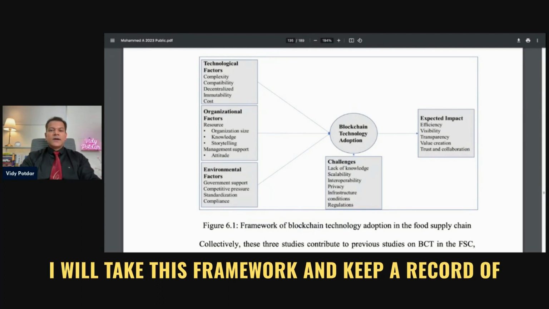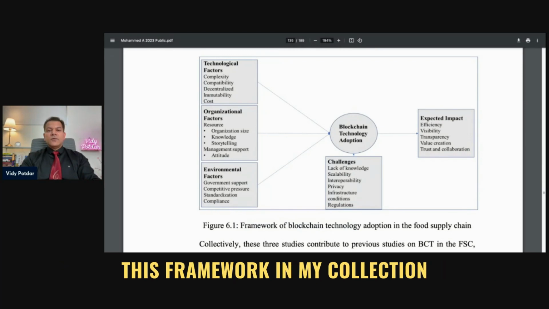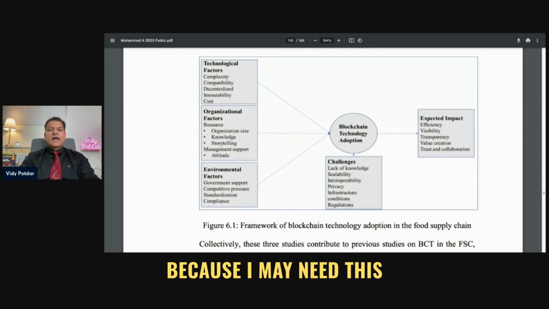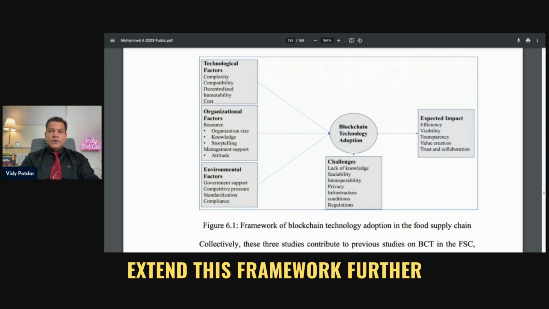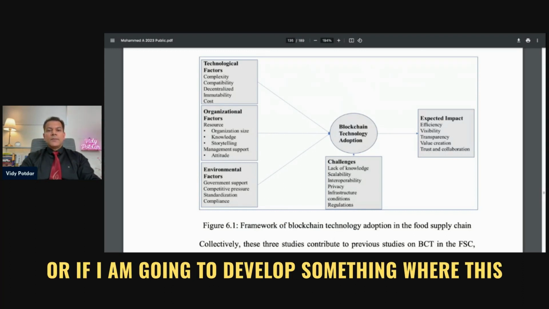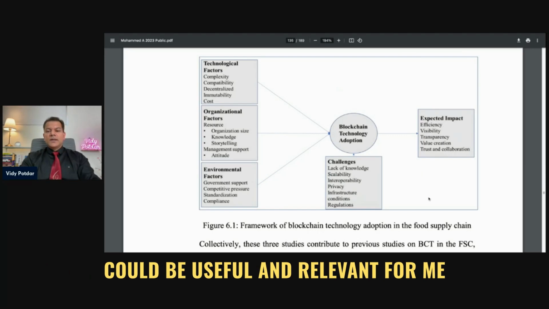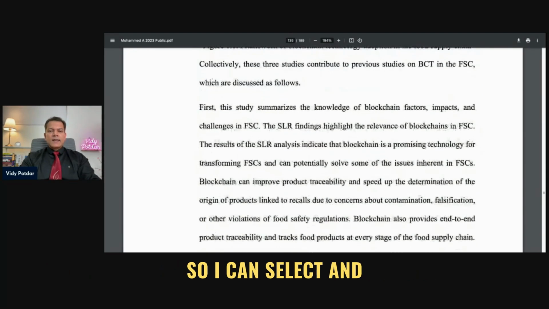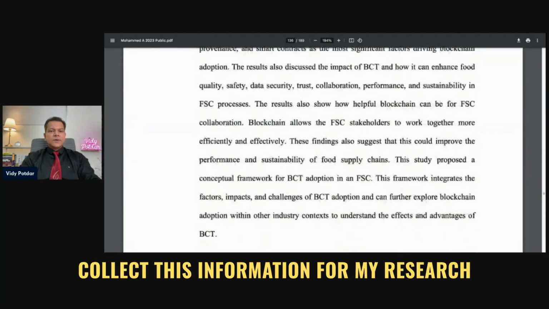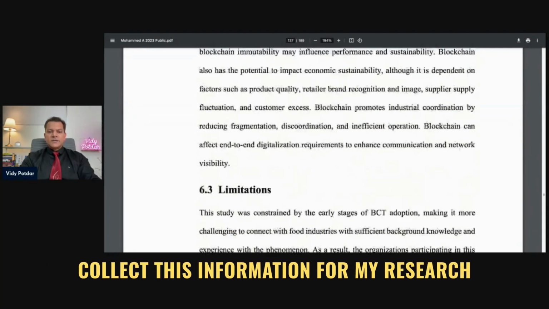I will take this framework and keep a record of it in my collection, because I may need it if I'm going to extend this framework further, or if I'm going to develop something where this could be useful and relevant for me. So I can select and collect this information for my research.